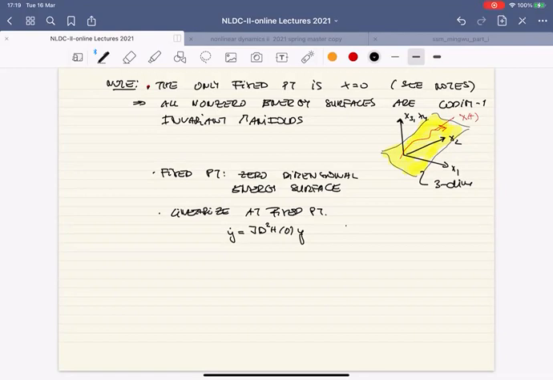So the eigenvalues are unknown, but expected to be purely imaginary.